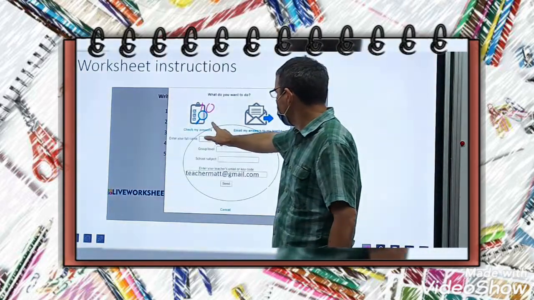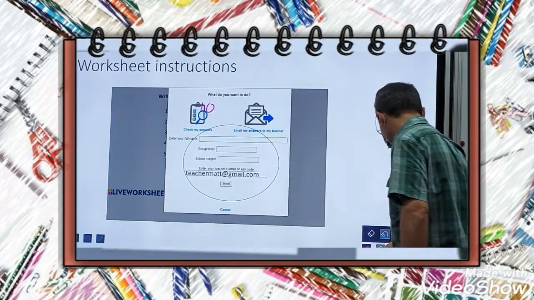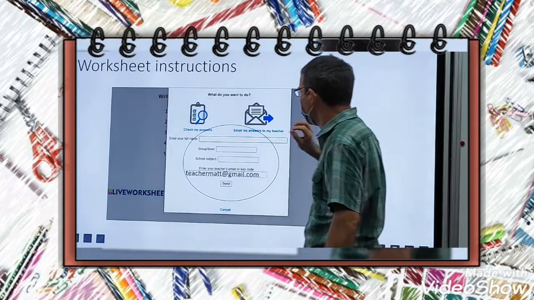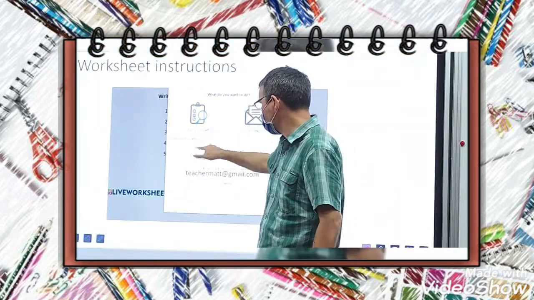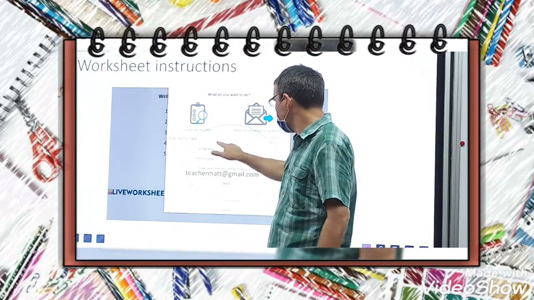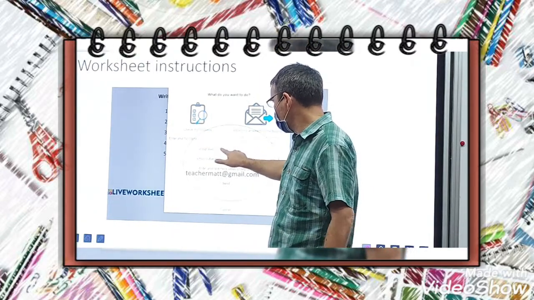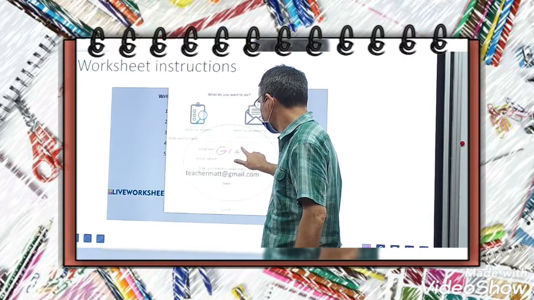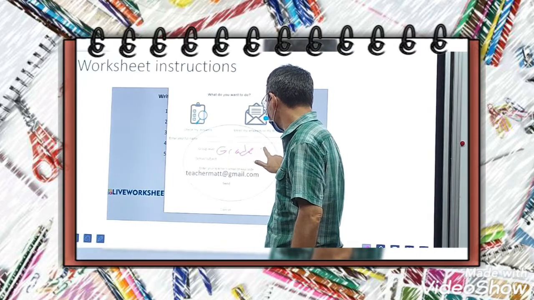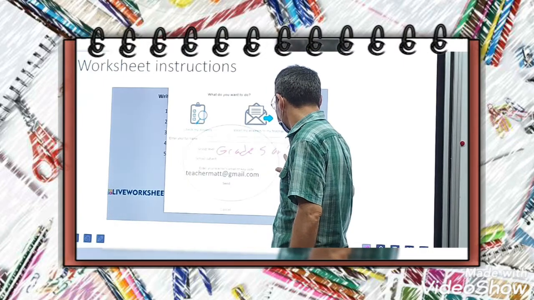After you email the answers here, you enter your full name. So write your name here. Group level, you can put grade 5 or grade 6.